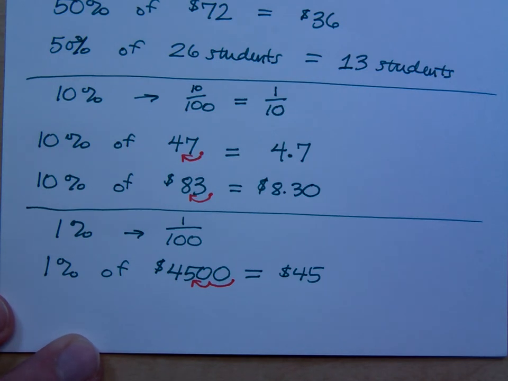But put this into perspective. $4,500, that would cover about 9 months of rent in my first apartment that I had. $4,500. That would be a fantastic down payment on a car, right? $4,500 is a new transmission and probably a new engine.